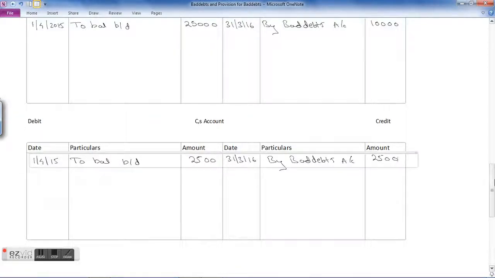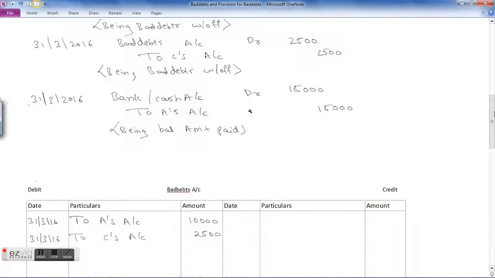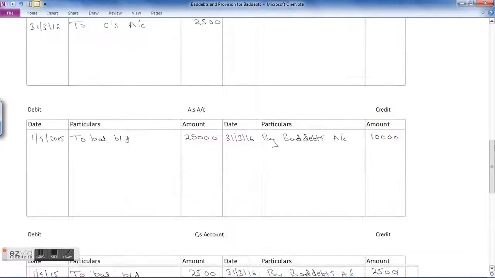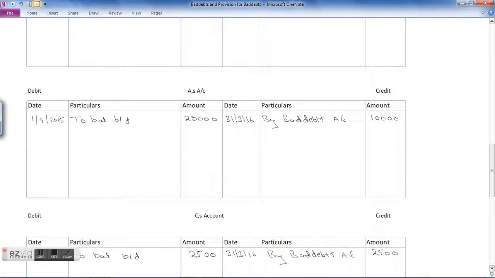Then there is one more entry, the payment entry. A has paid the balance amount of 15,000, so bank and cash account debit to A's account 15,000. On A's account credit side, 31/3/2016 by cash or bank account 15,000. The first effect would go to the cash and bank account debit side, but since we have not prepared that ledger account, we won't give that effect.